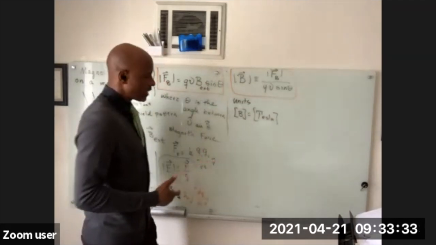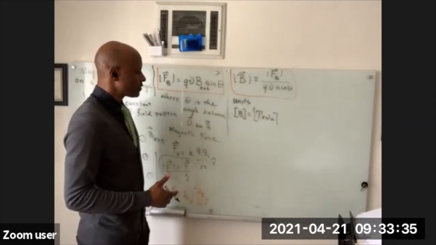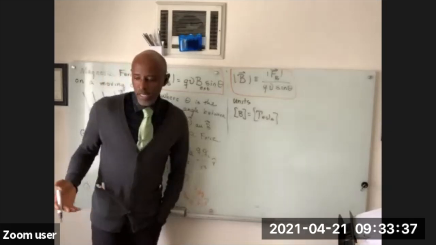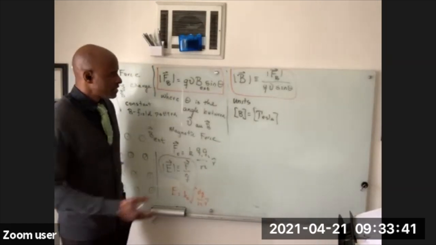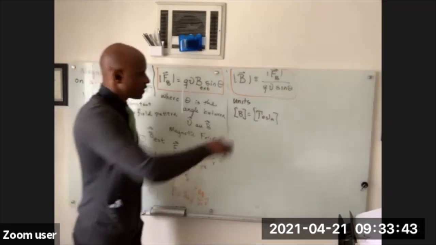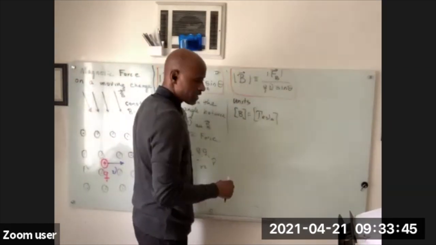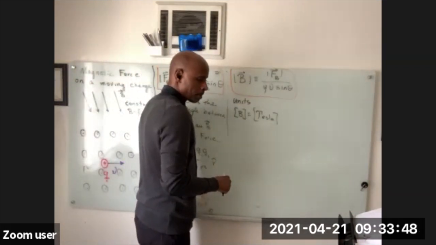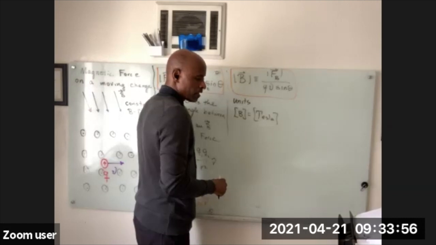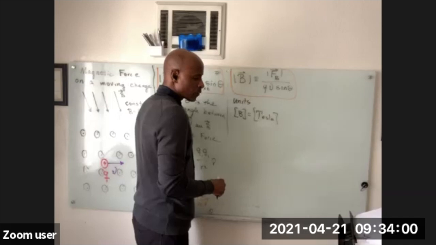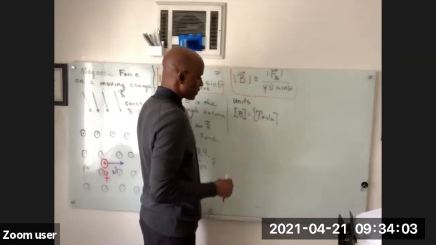We have a couple of different unit systems that we use. Tesla is basically MKS. So in general, MKS units, that's what we're going to use, a Tesla. And a Tesla, you can get the units directly from this formula. There are several ways that you can describe Tesla.